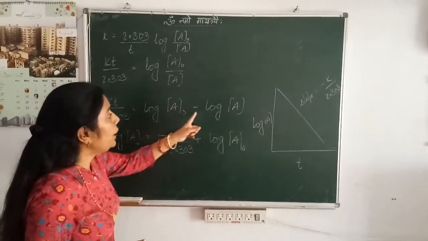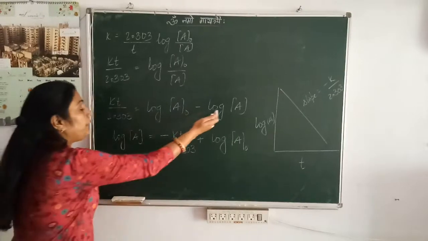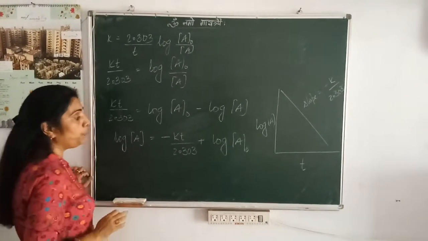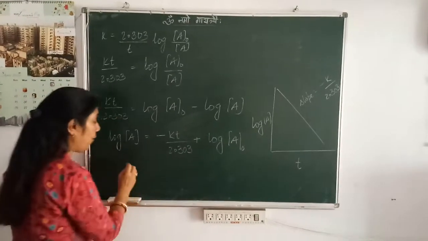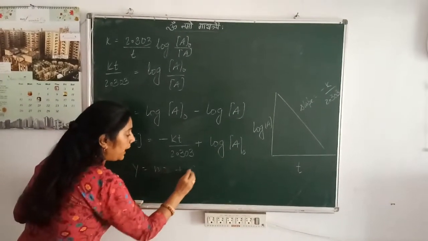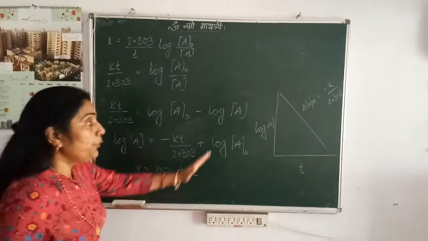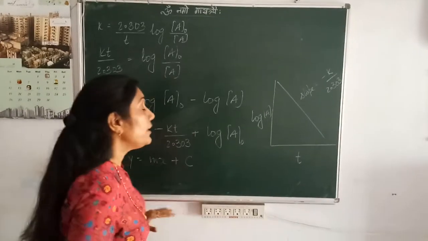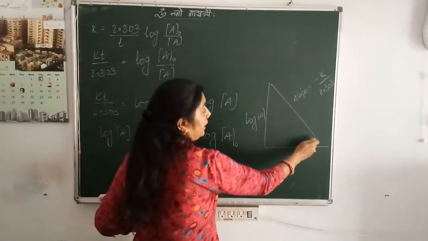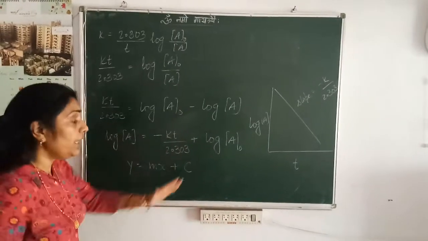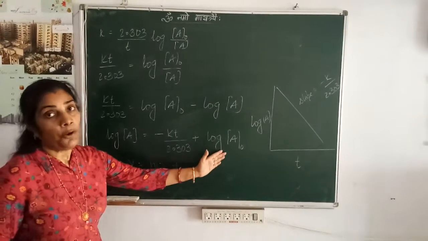So log A naught minus log A, and if you take log A to this side, then log A is equal to minus Kt by 2.303 plus log A naught. So once again, y is equal to mx plus c. If you take log A on the y-axis and time period on the x-axis, once again we get a straight line where the slope is minus k by 2.303 and the intercept is log A naught.